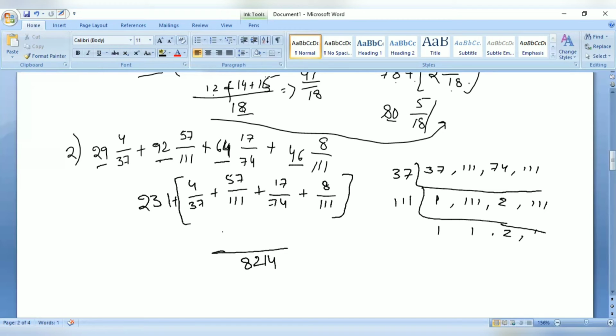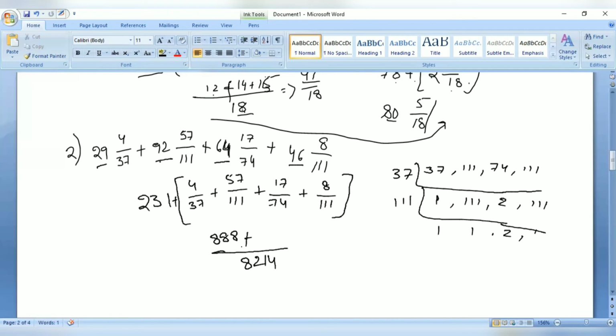in 37 it goes 222 times. So 222 into 4 will give us 888. So 888 plus, then 8214 in multiples of 111, that is 74.